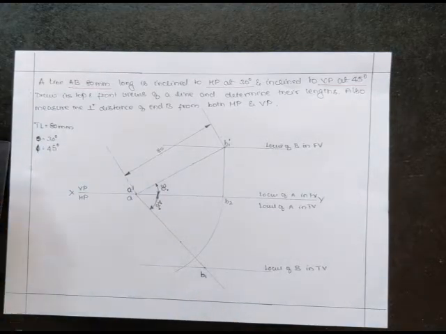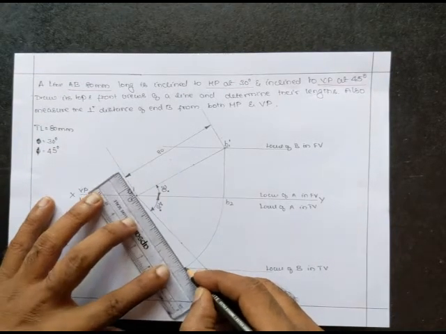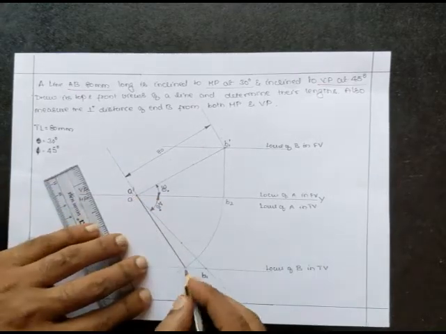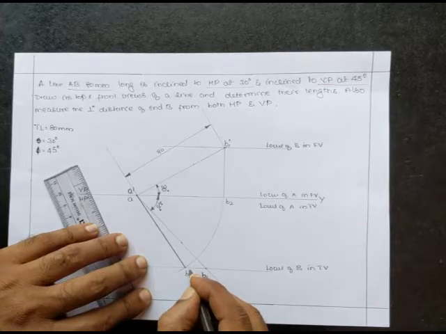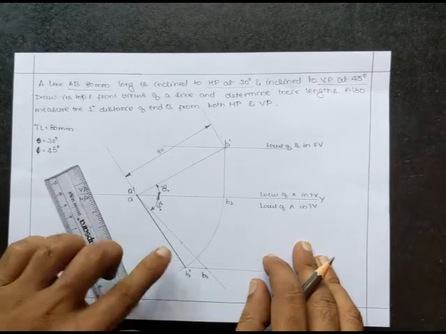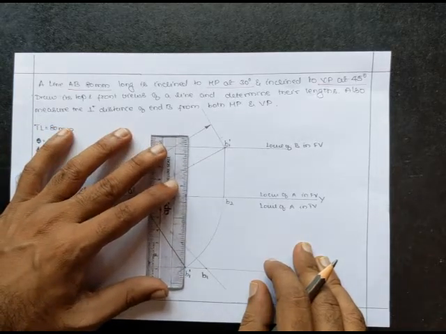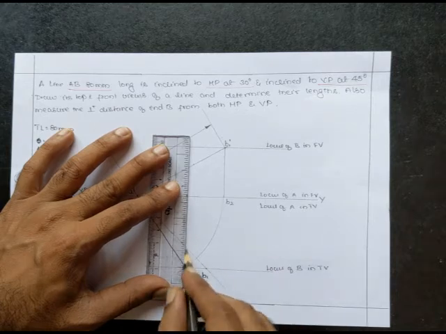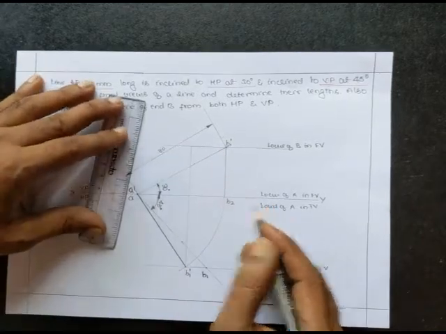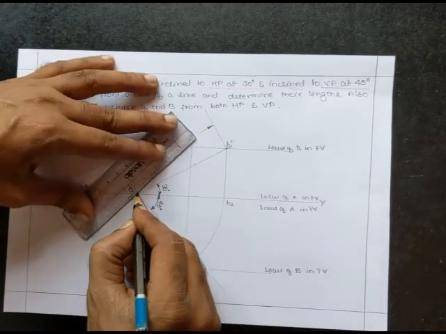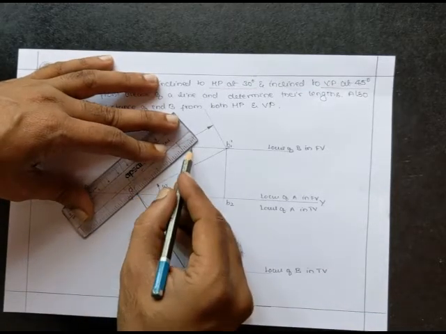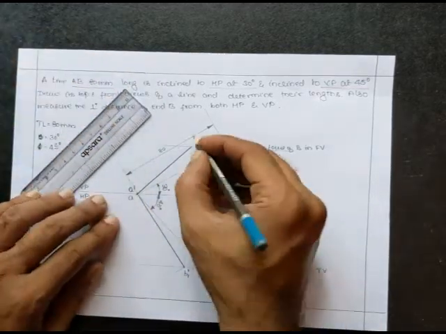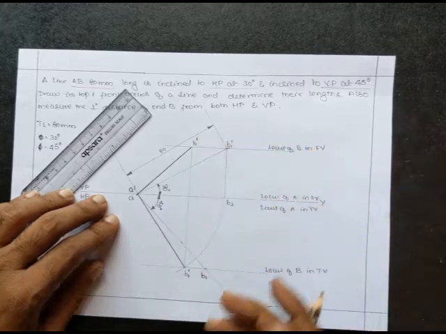Once you draw that, just draw the apparent length and name this one as B1 dash. So once you find the top view length, getting the front view length is very simple. Just draw a vertical end projector. As I told you, an end projector is nothing but the horizontal distance measured parallel to the XY line between the end points of a view length. It may be the front view length or the top view length, that is A dash and B dash, A1 dash and B1 dash.